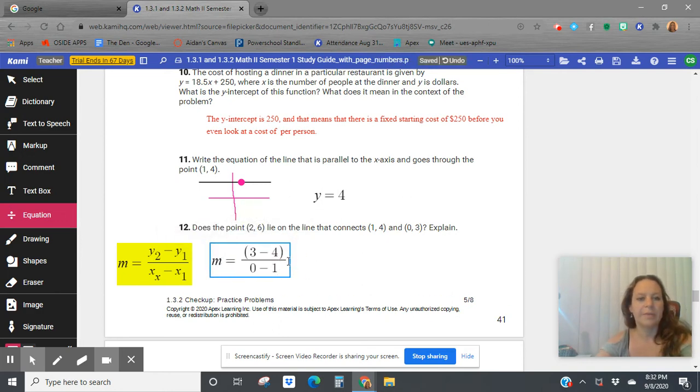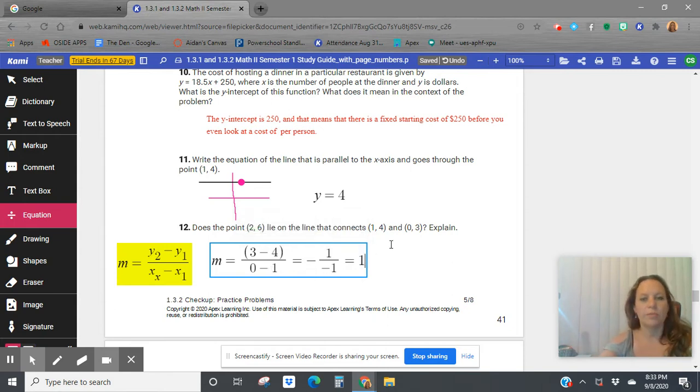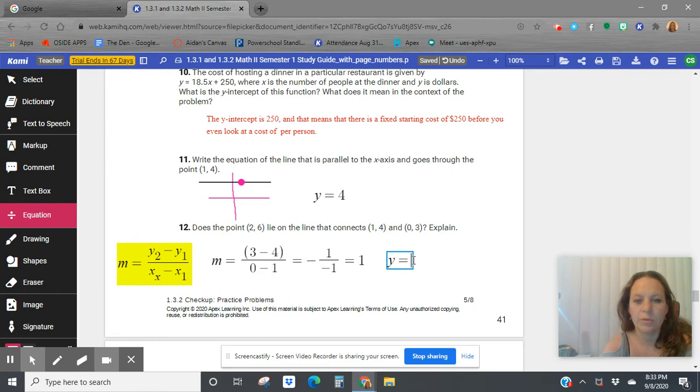So that is going to give me negative 1 over negative 1. So that's just 1. So here we go with a slope of 1, and we can use either point. So I go y equals 1x plus 3, and there's my equation of the line using this point.